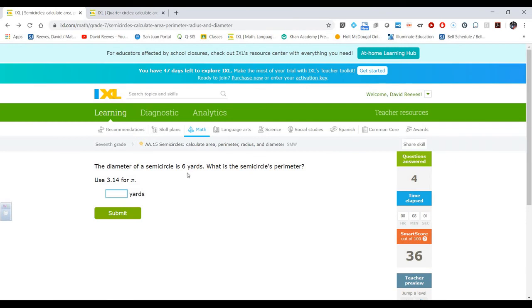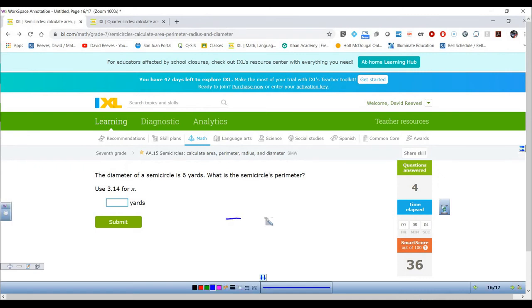Now they're giving us the diameter and they're asking us for the perimeter. So the diameter, remember, goes all the way across here. And this part again is the diameter times pi divided by 2.